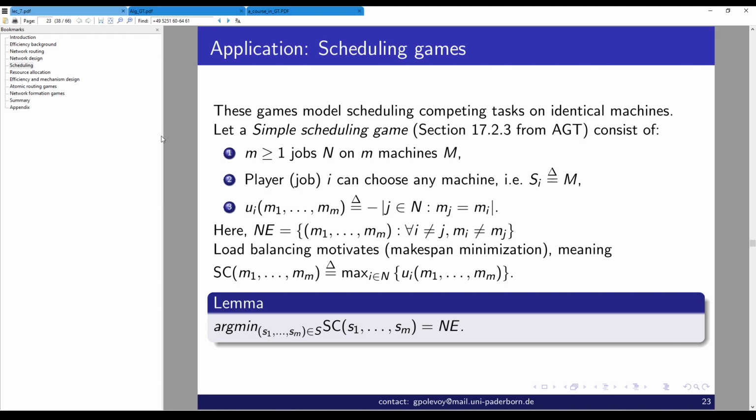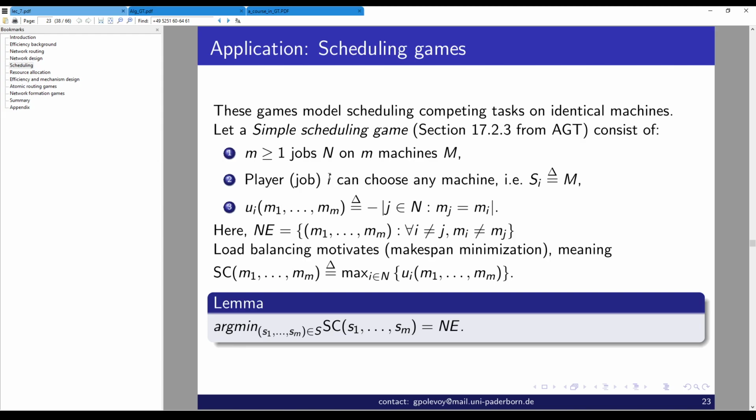The jobs are the players, so they decide to which machine to go. We have M instead of N because the number of jobs and the number of machines need to be equal. So we can say that we have N jobs and M machines, but we require that M is equal to N.